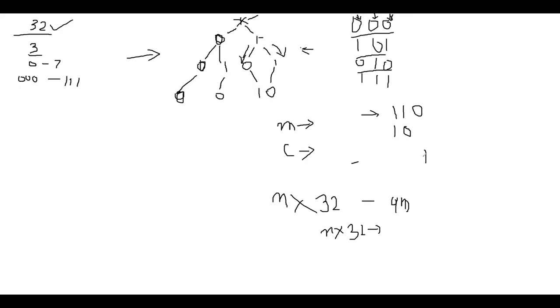If I'm taking 1 here, this answer will always be better than this answer. So we have to pick 1. If the current bit is 0, we have to pick the other bit: if it is 0, we pick 1, and if it is 1, we pick 0. No, but the question is why I didn't traverse all my paths?